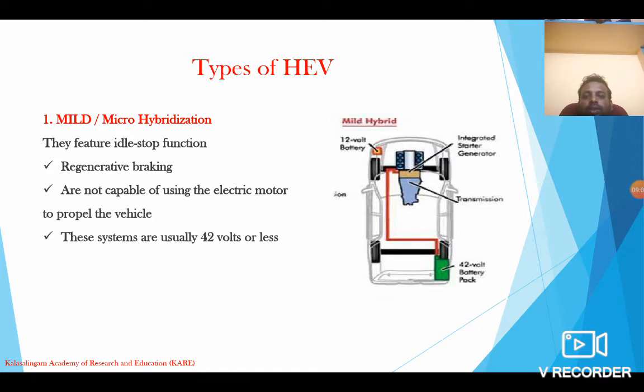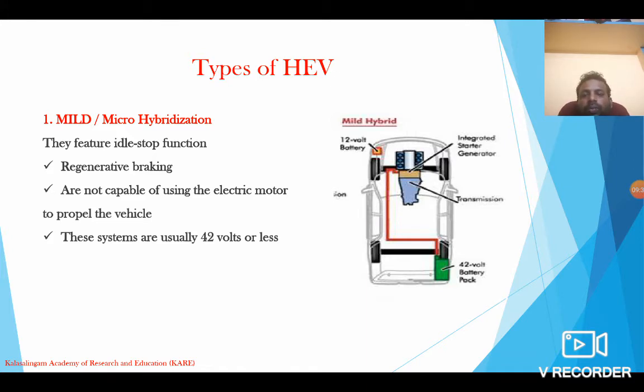In this case, when the vehicle is idle in traffic or at a signal, the engine is switched off, and the vehicle is driven by means of the electrical motor, right? Then when you press the accelerator after the signal turns green, the vehicle is again propelled by means of the electrical motor, right?